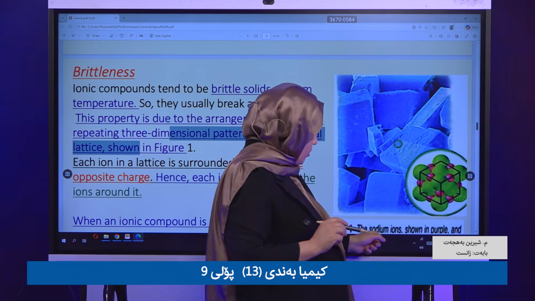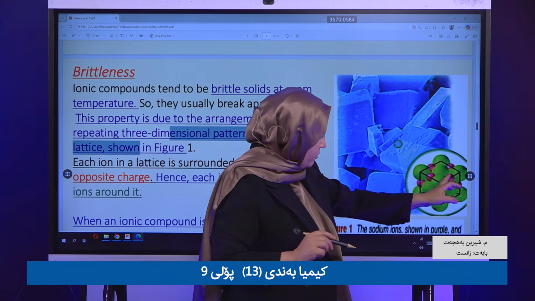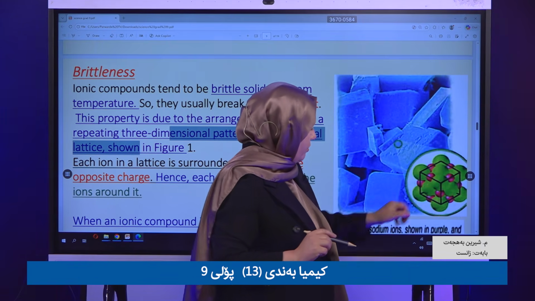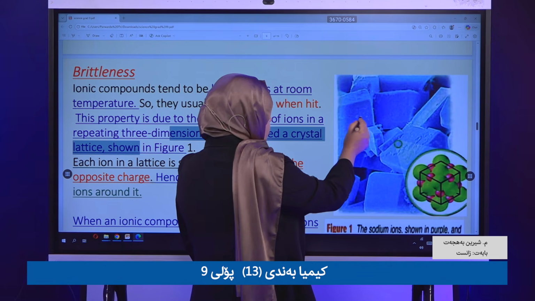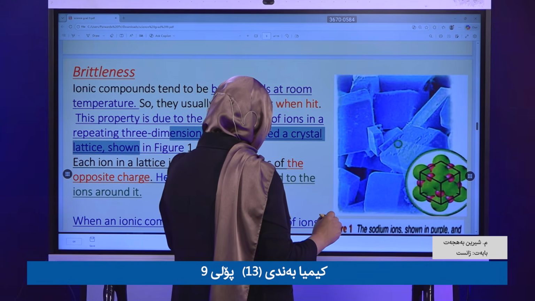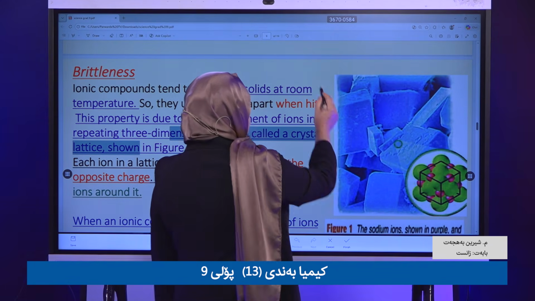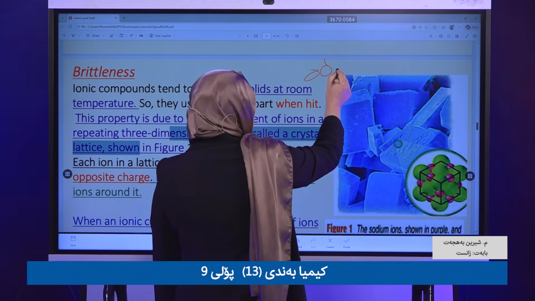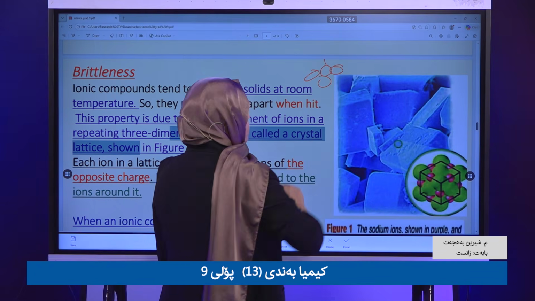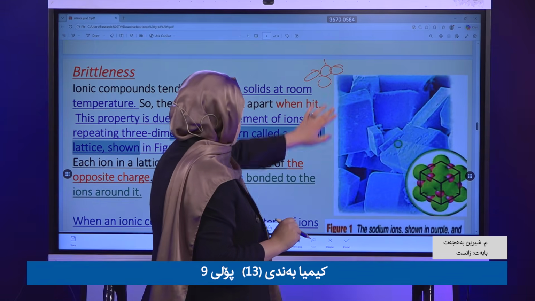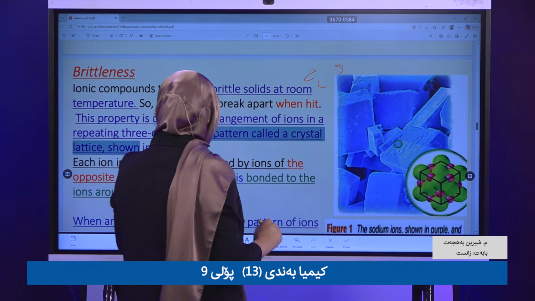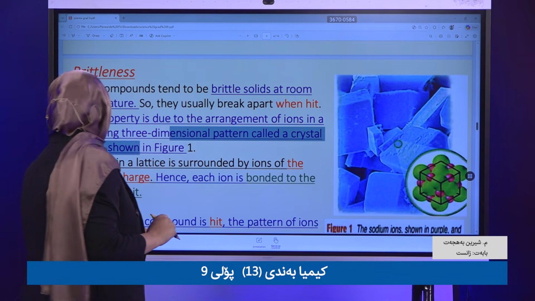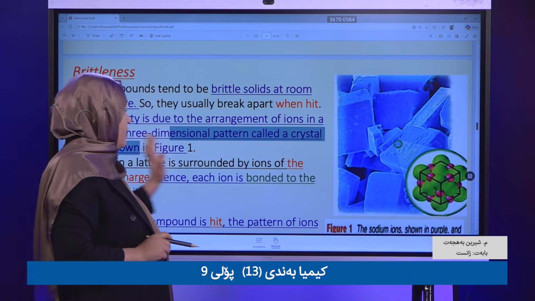Look at it. The sodium ions are shown in purple. The purple ones are sodium ions. How do they form it? It's like this. It is called the crystal lattice.